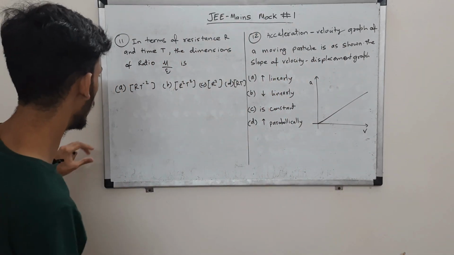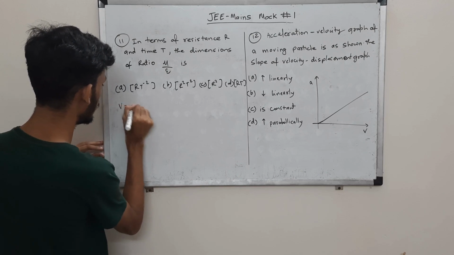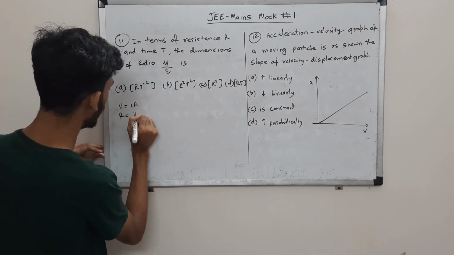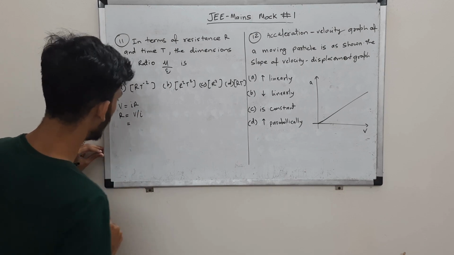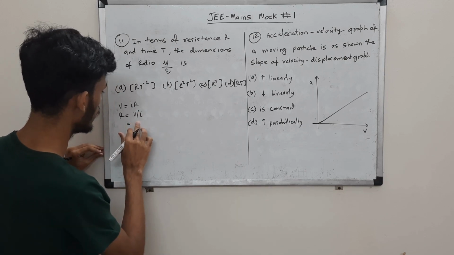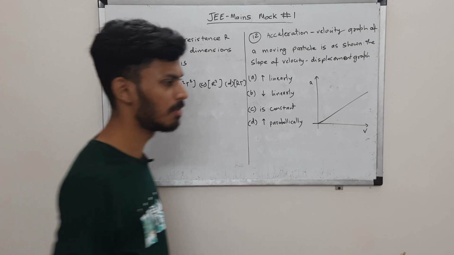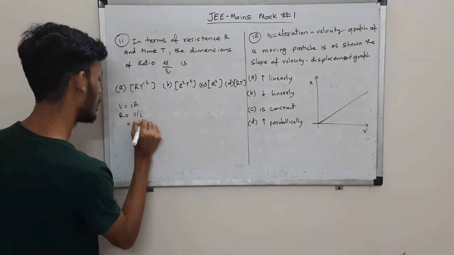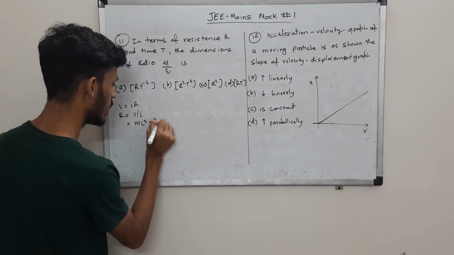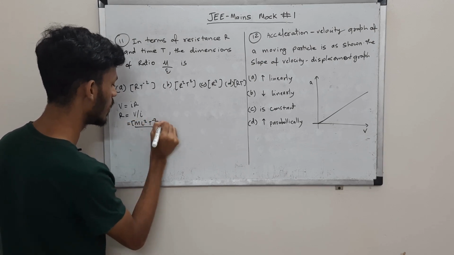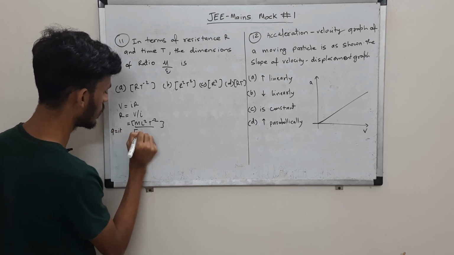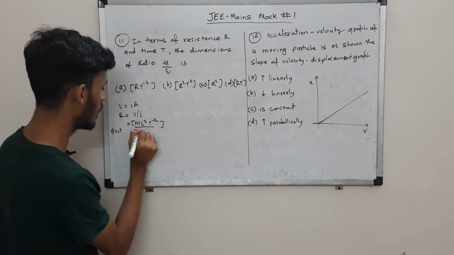So let's begin with resistance. For resistance, we'll use V is equal to IR. So R is equal to V by I. V is potential, and potential is work per unit charge. Work is just like potential energy, ML squared T to the power minus 2. Charge Q is IT, so charge is current times time.